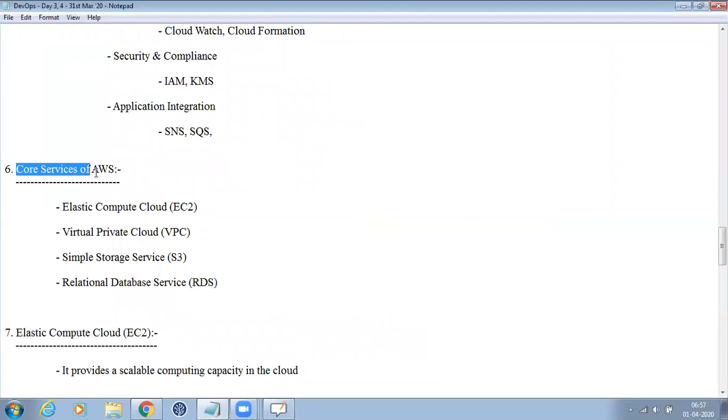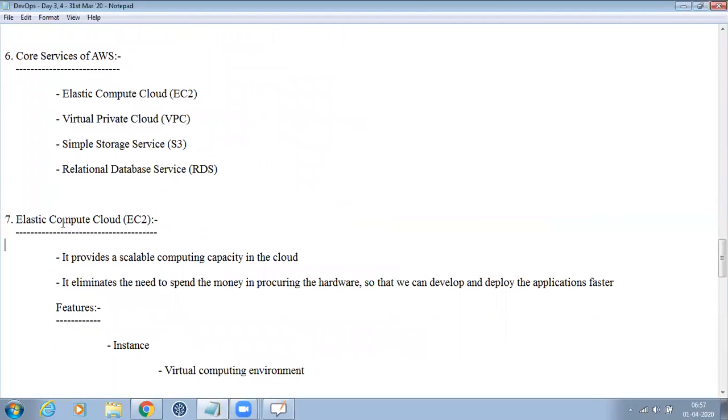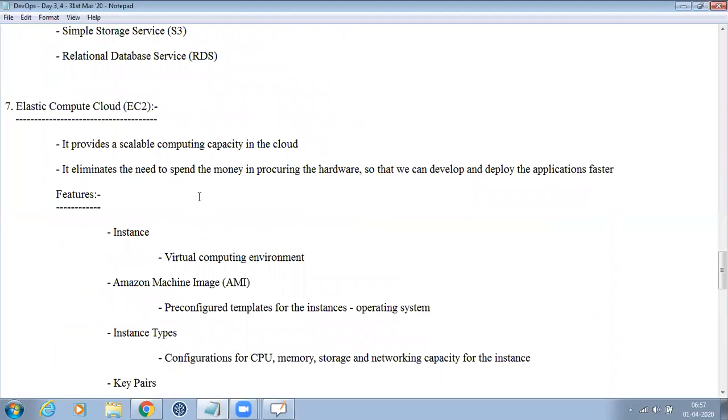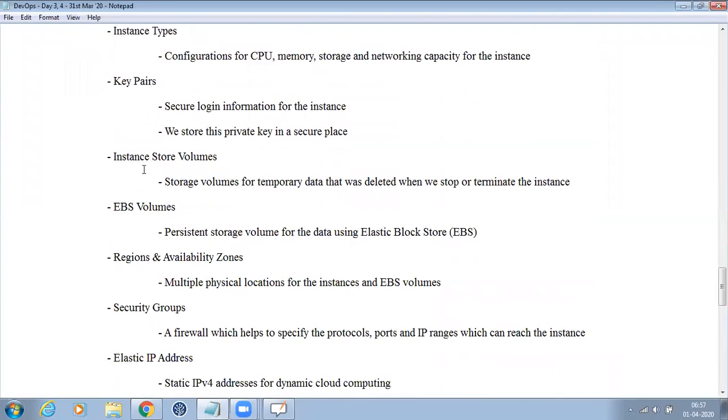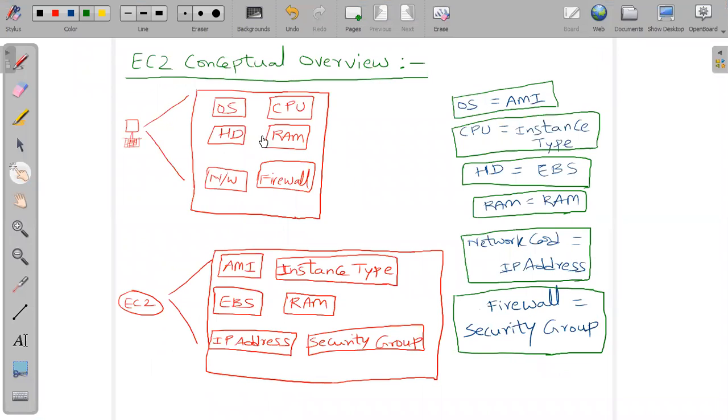And what are the core services of AWS, without which there is no cloud environment: EC2, VPC, S3, and Relational Database Service. Next, we understood what EC2 is, what features we have, and also the conceptual understanding about EC2. We tried to compare with our normal computer.